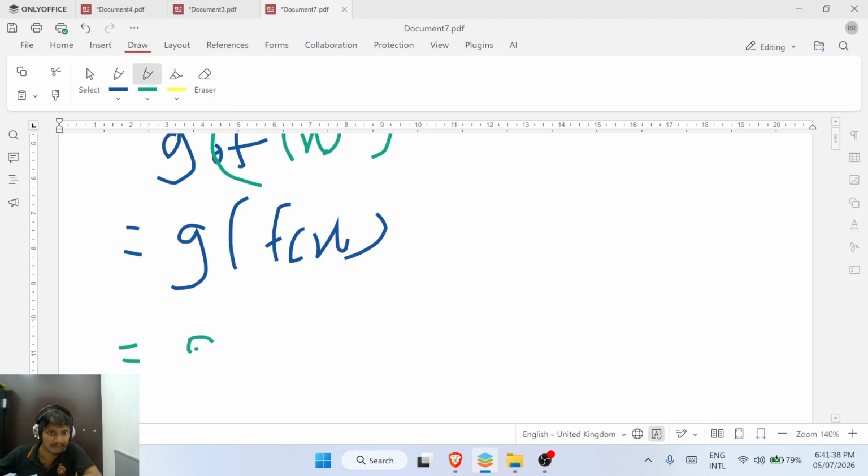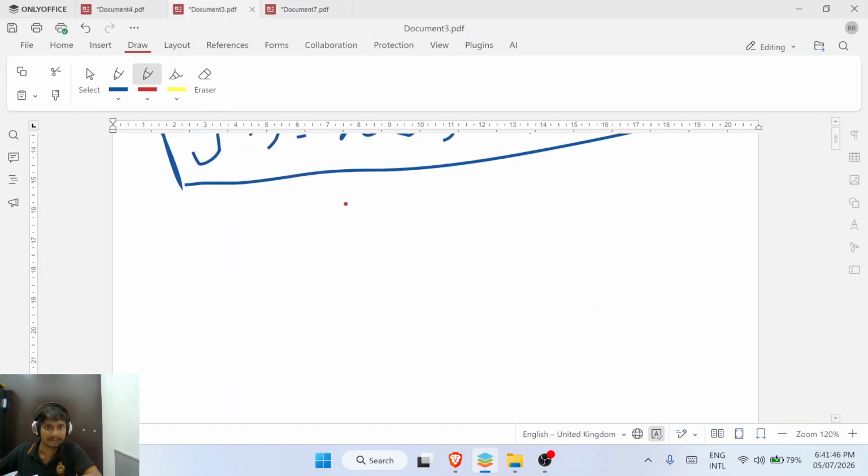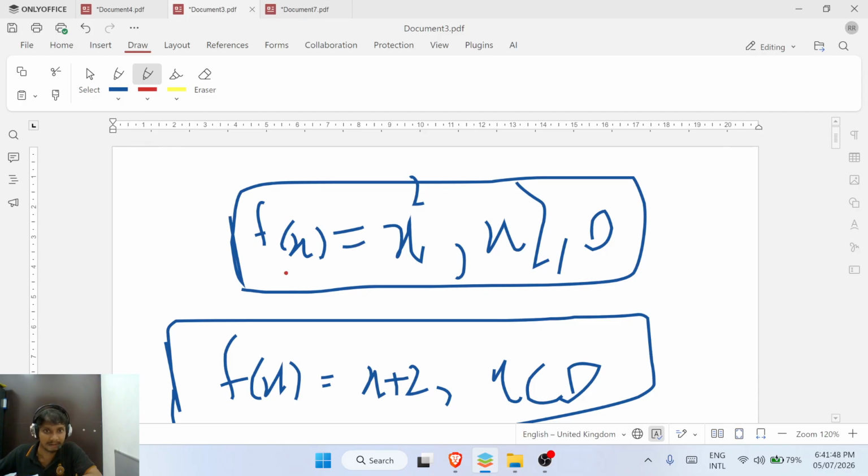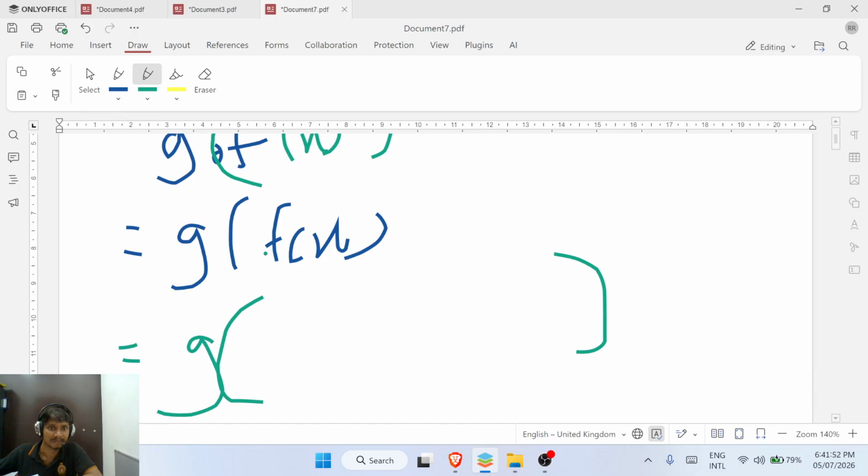Therefore, g of f of x. Now we are going to substitute for f of x. What is f of x? f of x is x square when x is greater than or equal to 0. Therefore, there are two values for f of x. One is x square.